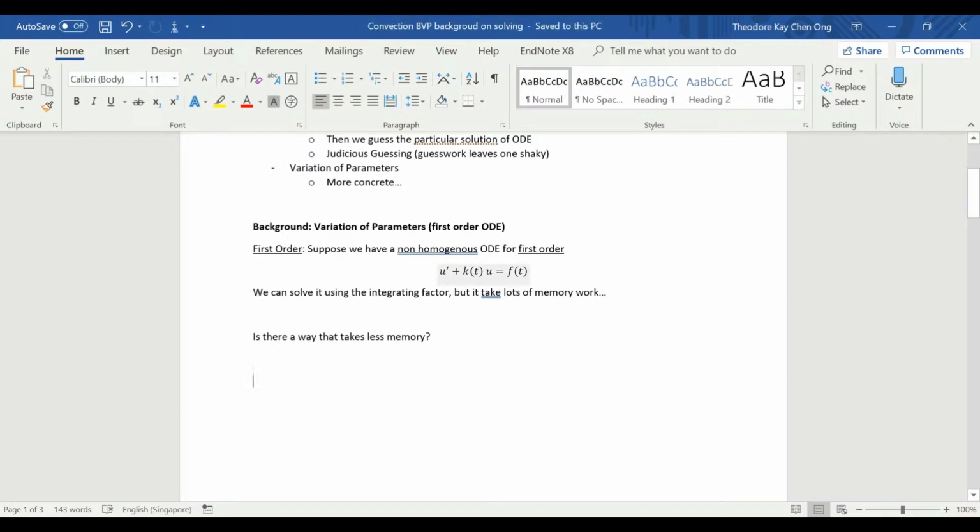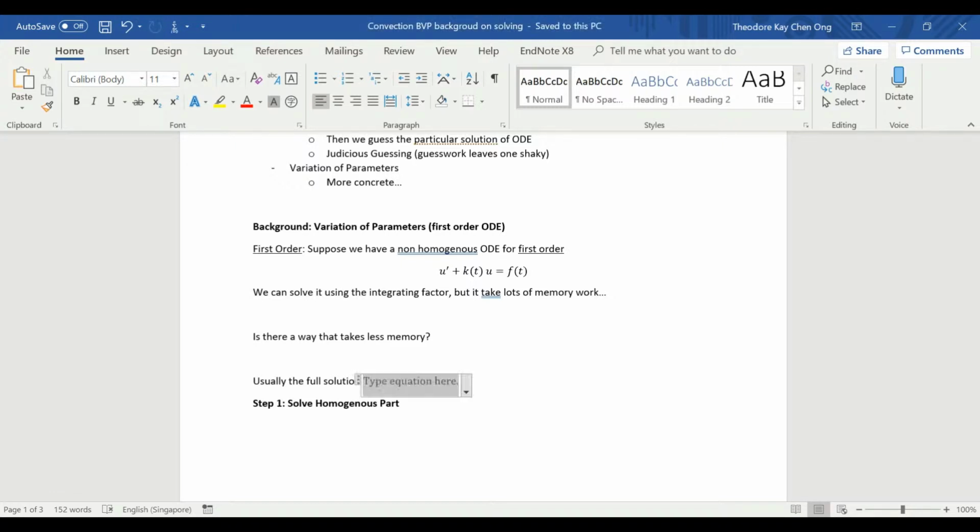When we do variation of parameters, we always want to solve the homogeneous part first. So step 1, solve the homogeneous part. As we mentioned before, usually the full solution is in this form.